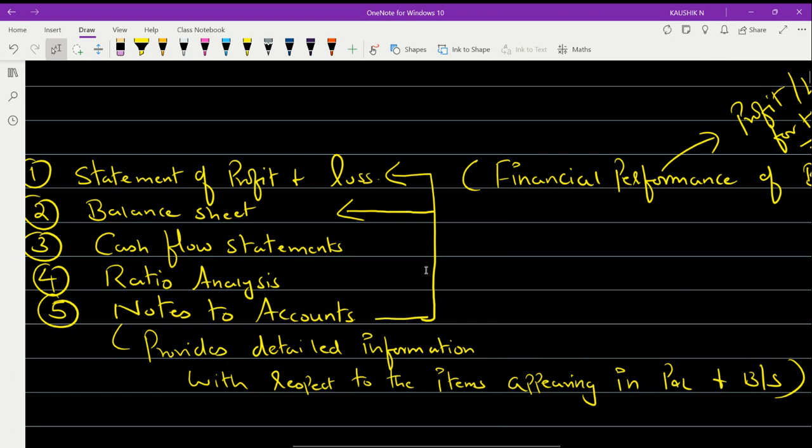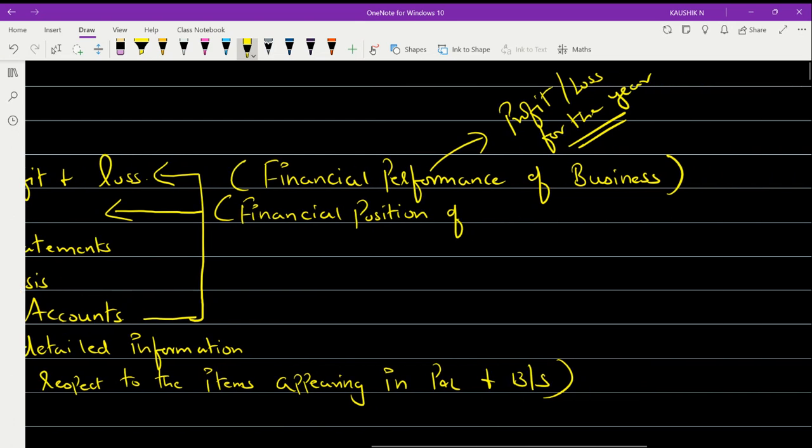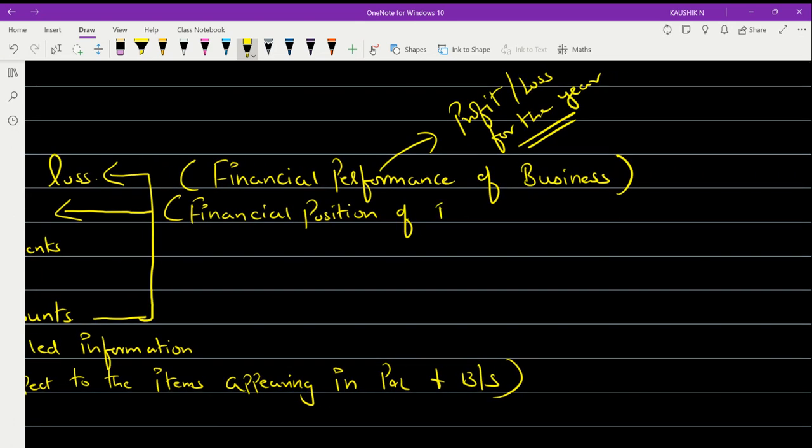The second one, balance sheet. This gives you the financial position of the business.